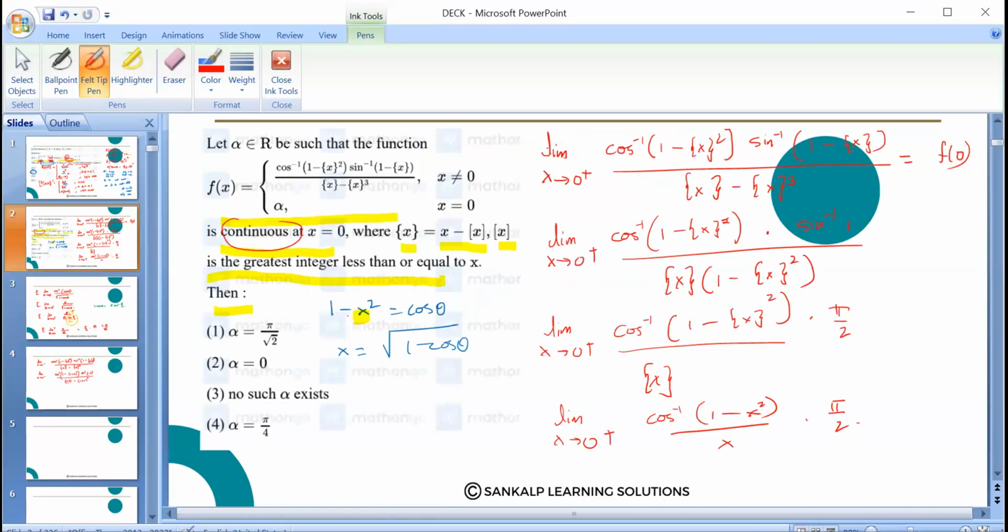Now, why did I write that? Because what is x in the flower brackets is x minus greatest integer function of x.